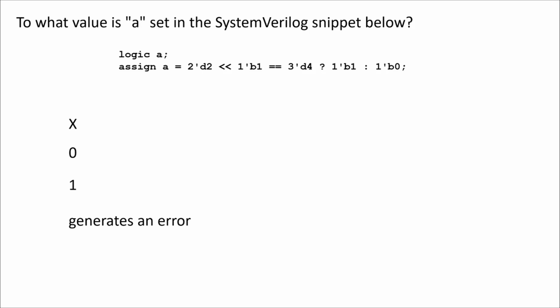Now, the only thing that's a little tricky here is this 4 is in 3 bits. So the right-hand side of this equals equals operator is 3 bits. The left-hand side is going to be a value that's 2 bits, then shifted to the left by 1 bit. So how many bits comprise the left sub-expression here?